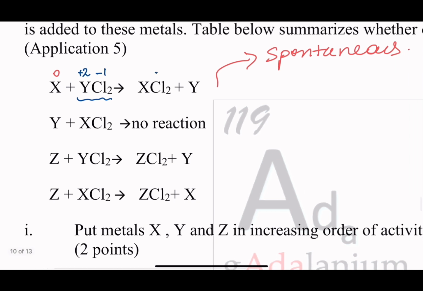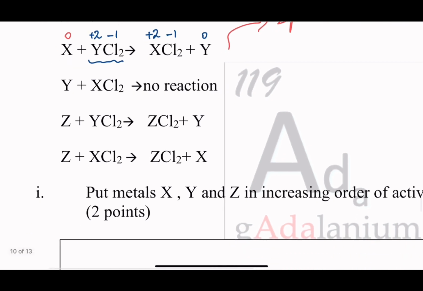So for this one, chlorine is -1, x is +2, and then y is 0. And then if I do it for this one, again, it's -1, x +2. So we know that x, y, z, they all carry +2 charges. You do the same calculation, it's going to be 0, 0 by themselves, +2, and then +2 and 0.